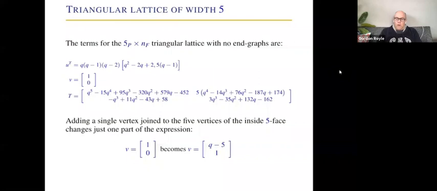So the 5 by n triangular lattice, U is this vector here, that's a row vector, V is this, and here's the transfer matrix T, which is a nasty matrix. If I add a single vertex into the center, then the 1, 0 becomes Q minus 5, 1. That's the only change that happens.